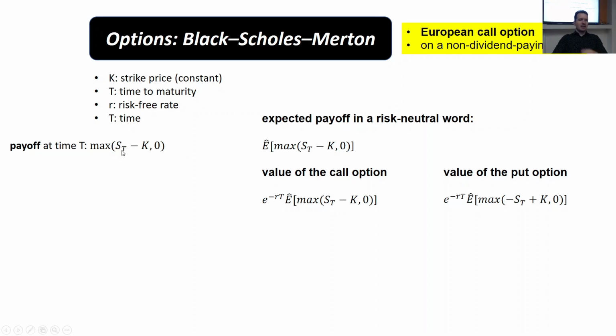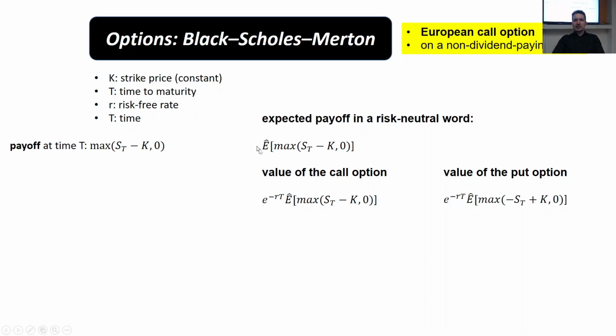We are taking the asset price at time t, and the payoff will be somewhere around this level. So the delivery price and the unknown market value, the difference will determine the payoff. Maybe it will be this thing, or maybe if it's unsuccessful, then it will be 0. So we have two outcomes.